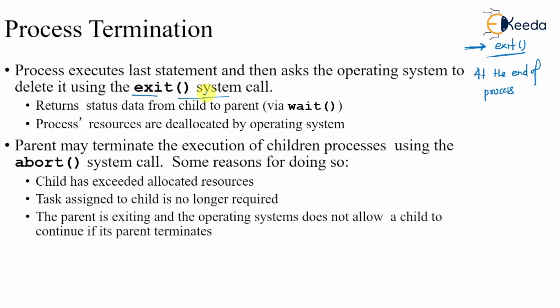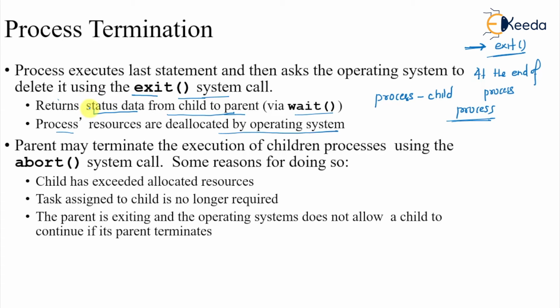Okay, it returns the status data from the child to the parent or wait, and process resources are deallocated by the operating system. If a process is a child process, then upon termination, what will it return?